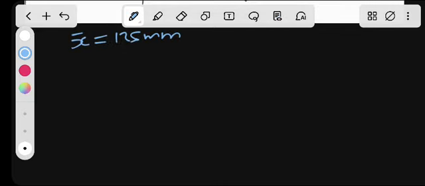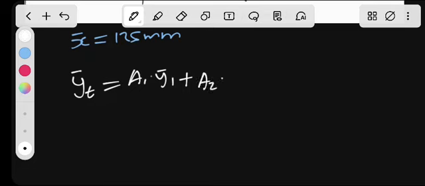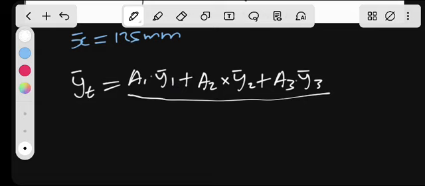So we'll use this formula. We know, guys, y bar total equals area 1 multiplied by y1, plus area 2 multiplied by y2, plus area 3 multiplied by y3, divided by the total area.